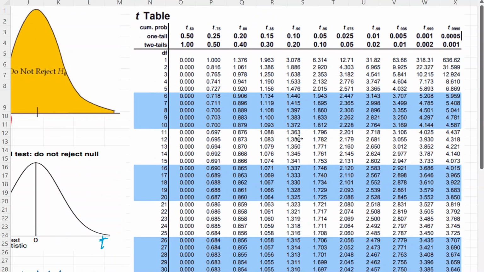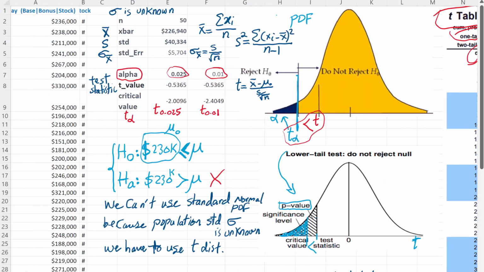For instance, if you're curious, we can go with the T values in the range of degrees of freedom of 40 to 50, and if you're shooting for one tail for, say, 0.025 or 0.01, then you can see that the range of values for corresponding critical values matches what we more accurately found using the Excel function. But I'm just trying to highlight how you can potentially use the T table to find the corresponding values you need if you don't have access to the T function formula in Excel.